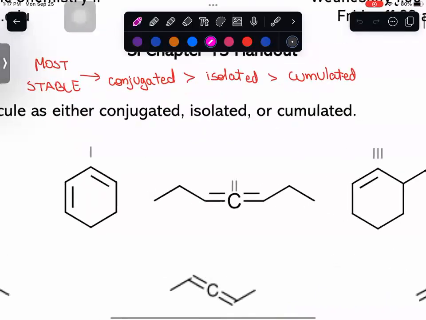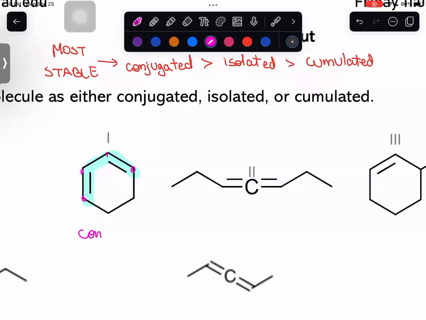So in this case, practically, you are gonna look for a continuous line that has sp2 carbons. So in this case, this little section, because we have double bonds, those 4 carbons are gonna be sp2, right? So that's gonna be the conjugated part. They have to be right next to each other. That's how you know that it's conjugated.